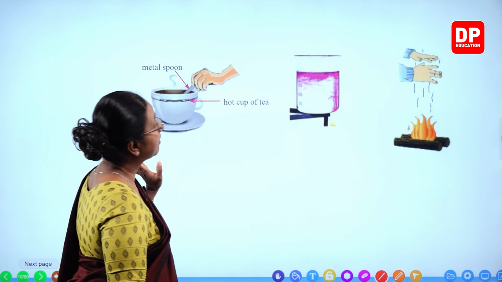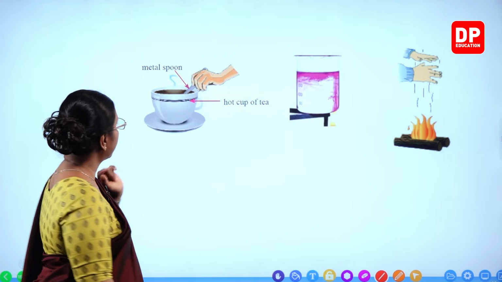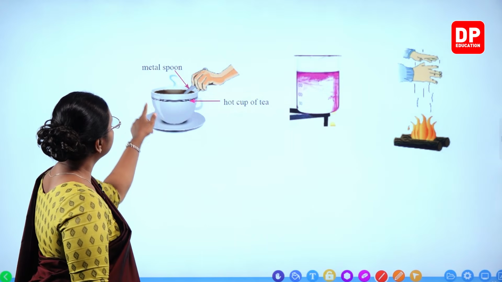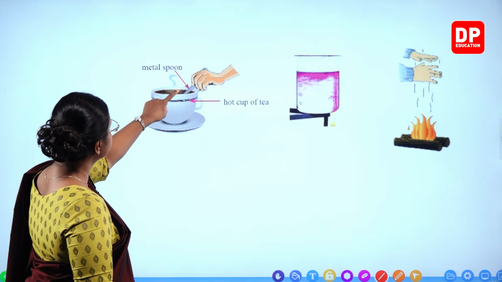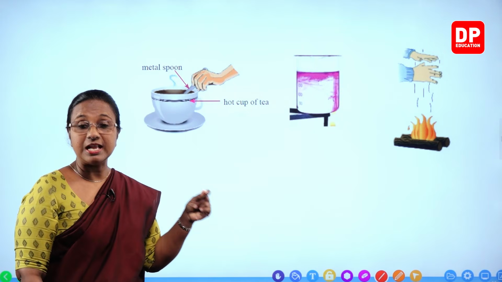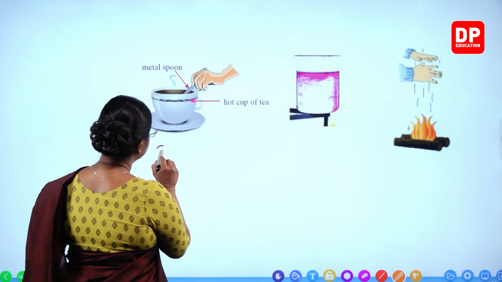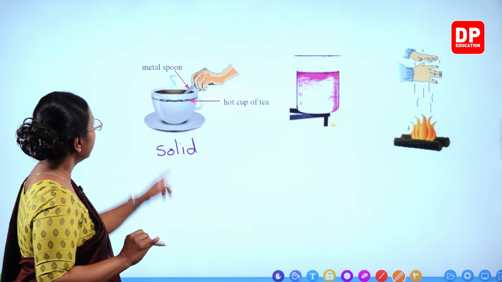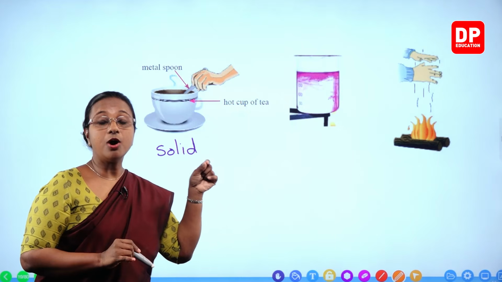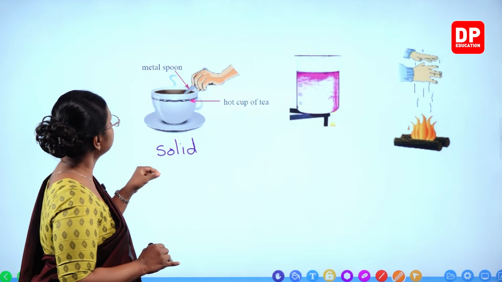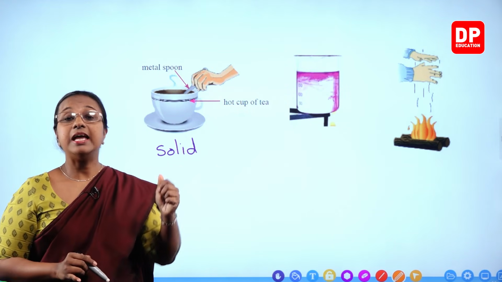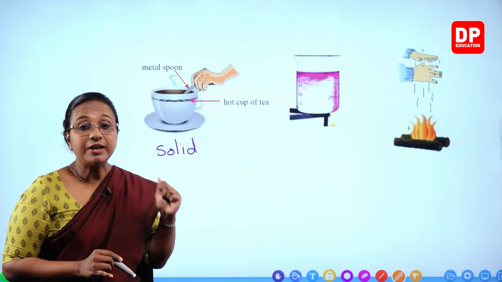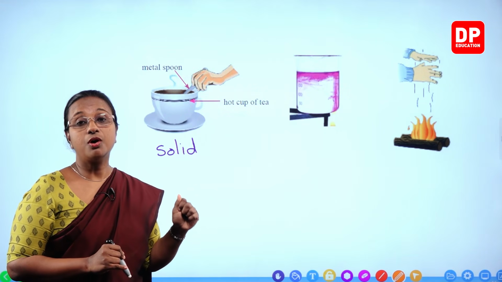So here I have given the examples. Now you can see, here there is a hot cup of tea and inside that you have a metal spoon that is a solid. Now when the spoon is inside a hot cup of tea, after some time when you touch the end of the spoon, you can feel that it is also hot.